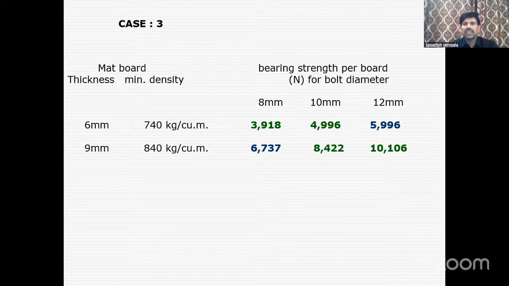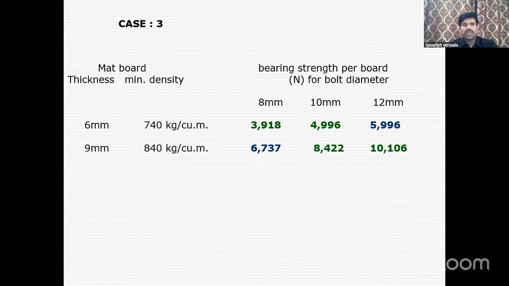So the 6 mm mat board with a density of 740 kg per cubic meter: you can see the more the bolt diameter, the more strength you get. 5,996. You can see the 9 mm and 12 mm bolt diameter almost gave 10,000 newtons, 10,100. So depending upon the application, you can change the bolt diameter and also the mat board thickness, the gusset plate thickness.